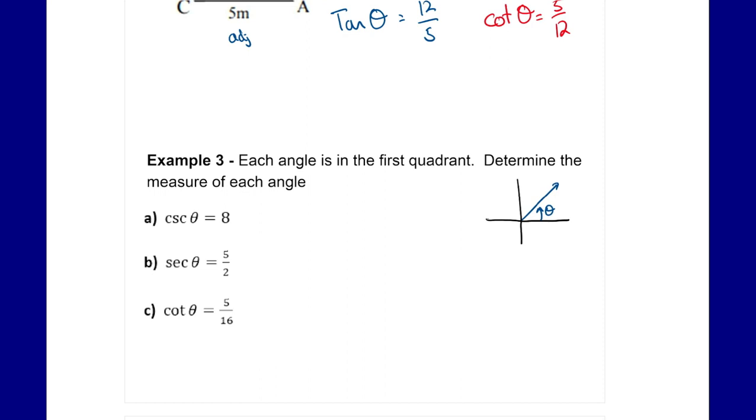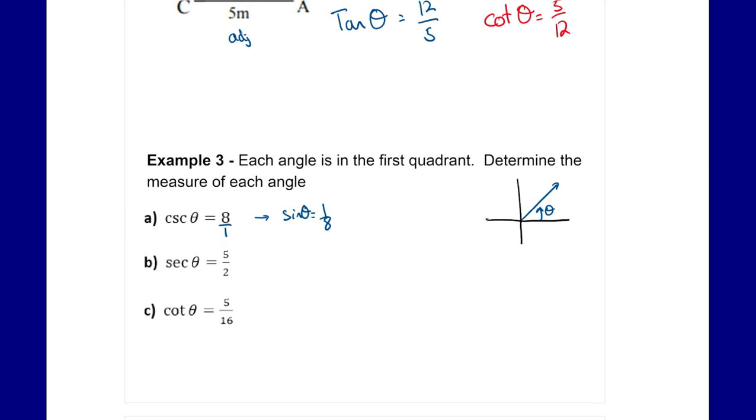So cosecant theta is equal to 8. Now if you look at your calculator, you might not find cosecant anywhere. Maybe you're lucky, maybe you have those buttons somewhere, maybe not. But because we do know that cosecant is the reciprocal of sine, I know that if I take 8 over 1 and do the reciprocal, that's going to be sine theta equals 1 over 8.